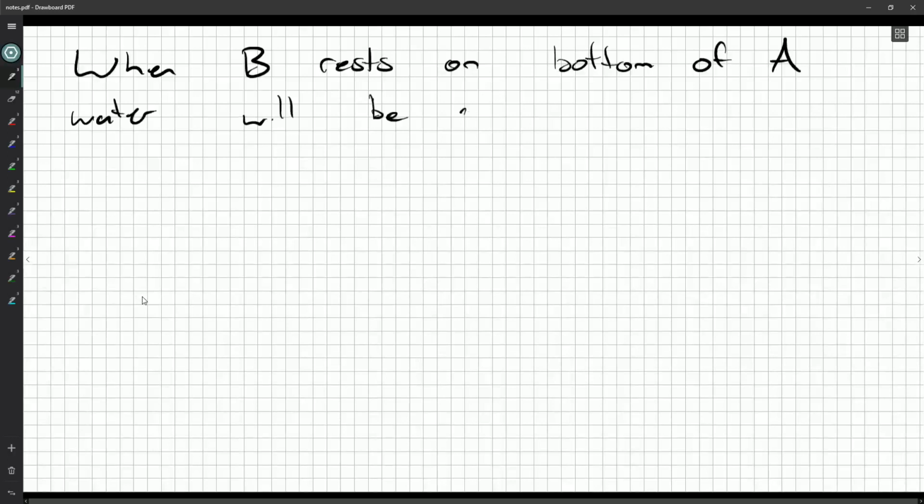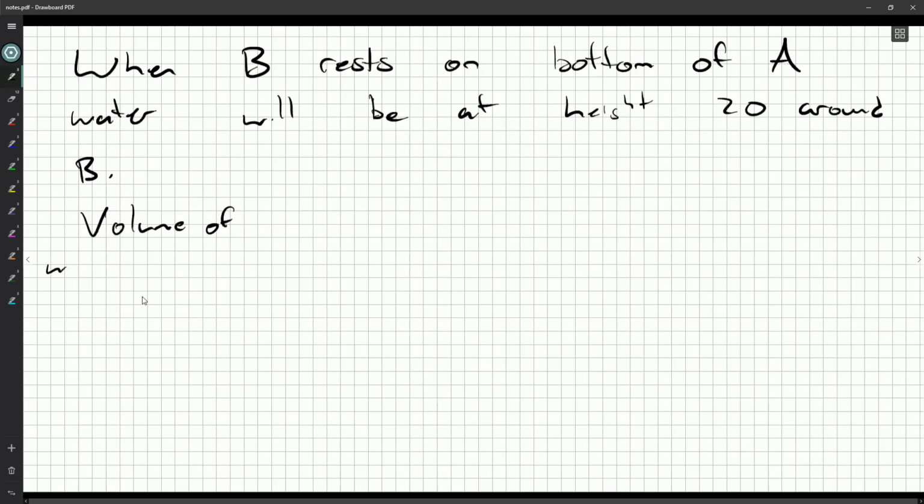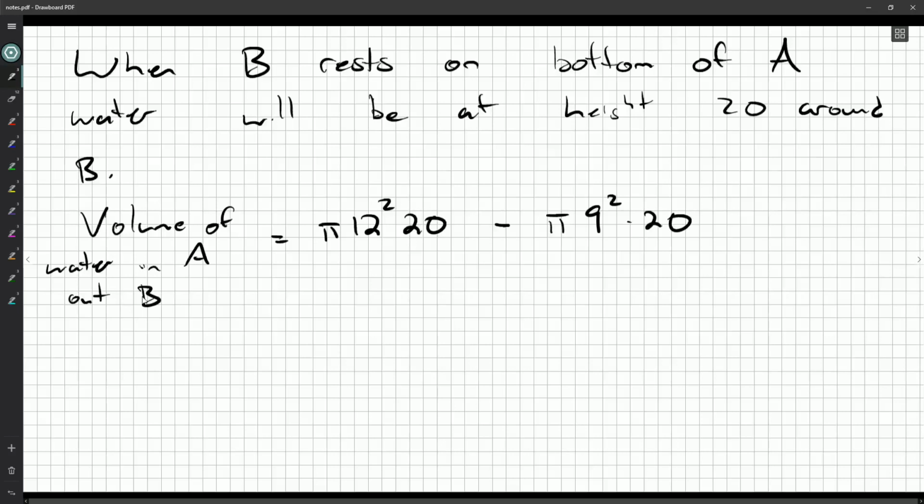When B rests on the bottom of A, water will be at height 20 around B. So, volume of water in A but out of B is going to be, so we have the radius of A times the height of the water, but we have to minus the volume of B. Okay, because B is in the way.